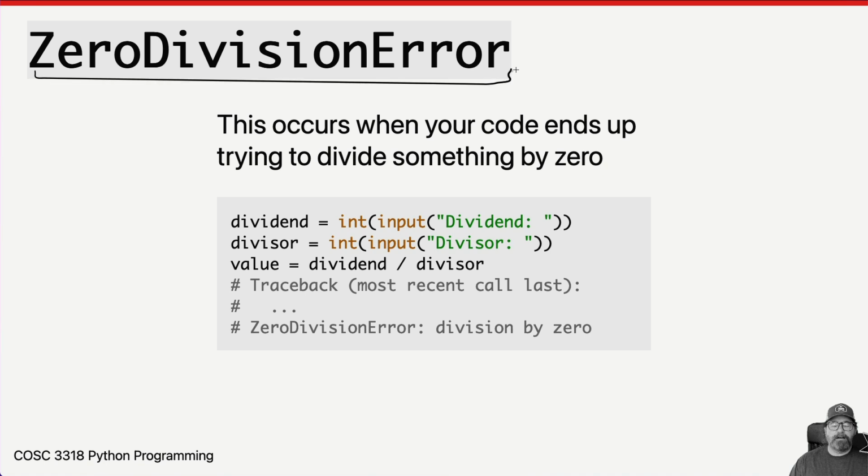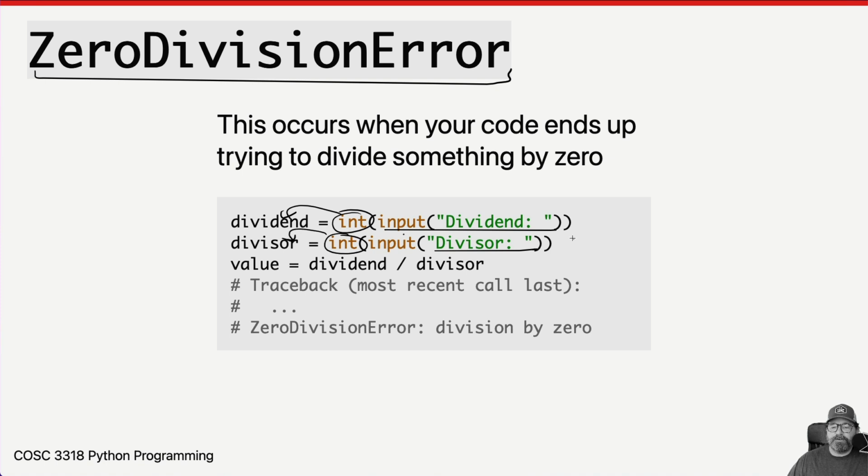Zero division error is pretty self-explanatory. It happens when you divide something by zero. So, for example, here's a program that's going to do some division for you. You enter the dividend and it turns it into an integer for dividend. You enter the divisor and it changes that into a divisor.